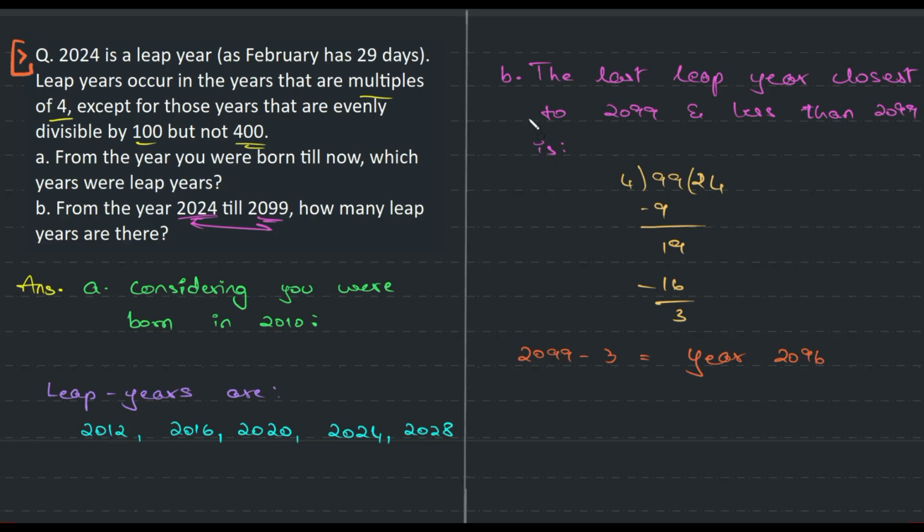Or let me not make it too complicated. We already wrote the required statement. So 2024 itself is a leap year that we counted. So 2096.